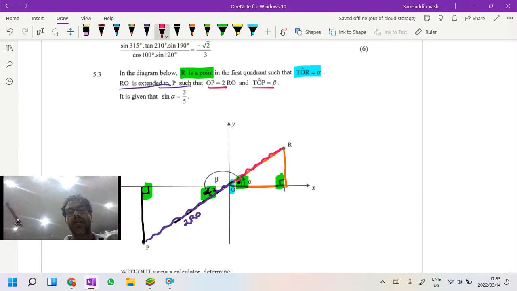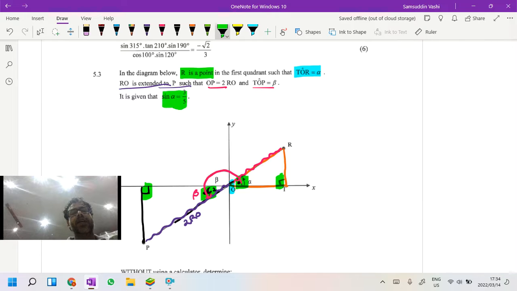TOP is beta. Okay, that is our reflex angle, which I can take inside as a similar value of B. So B is my acute angle, which will have the same sin theta, cosine theta and tan theta value as my reflex angle beta outside. So basically any reflex angle or obtuse angle, you can go inside a triangle and change it to acute angle.